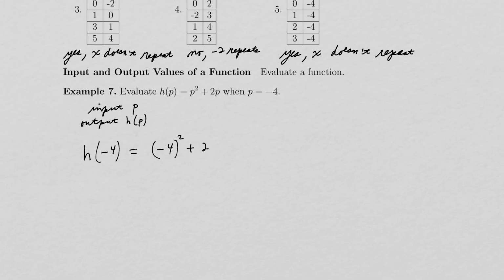Using order of operations correctly. So I have -4 squared, which means -4 times -4, which is 16. And then 2 times -4 is -8. So this is going to simplify to just 8. So h of negative 4 is 8. When the input is negative 4, the output is 8.